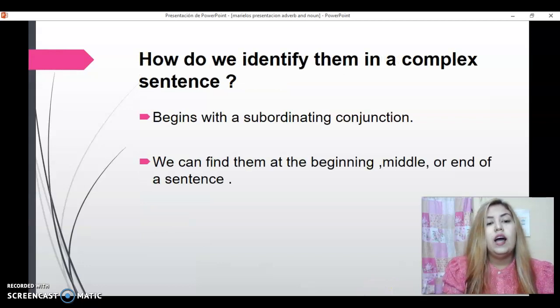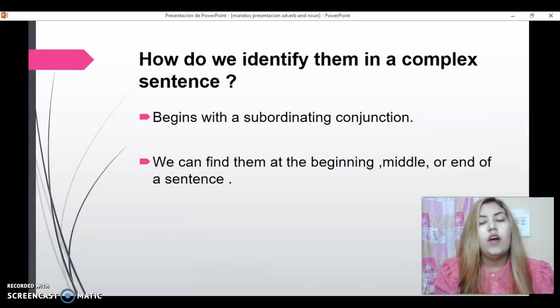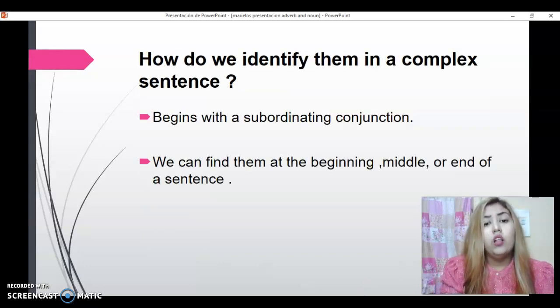And next, how do we identify them in a complex sentence? Well, for me, the best way to identify adverb or adverbial clauses is first identifying the subordinating conjunction, and remember that I already mentioned what those subordinating conjunctions are, and the clause also begins with that subordinating conjunction.